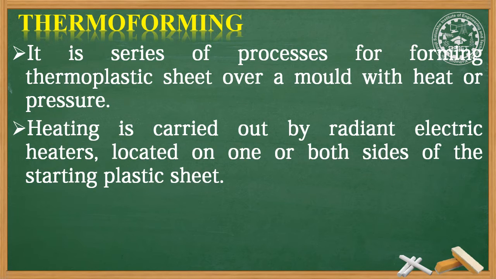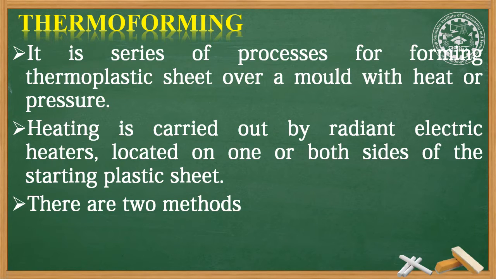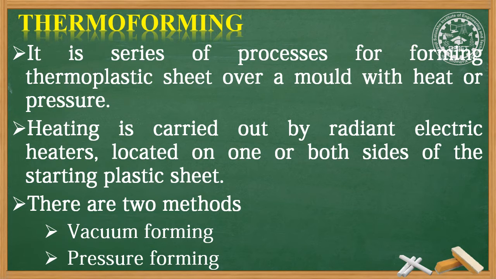Heating is carried out by radiant electric heaters located on one or both sides of the starting plastic sheet. There are two methods for this. The first is vacuum forming and the second is pressure forming.